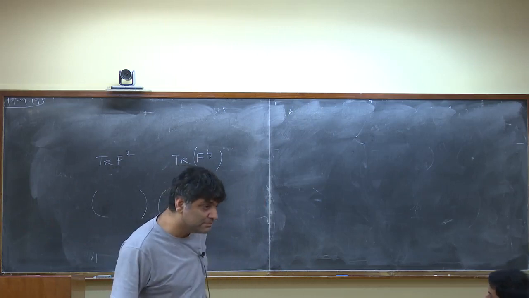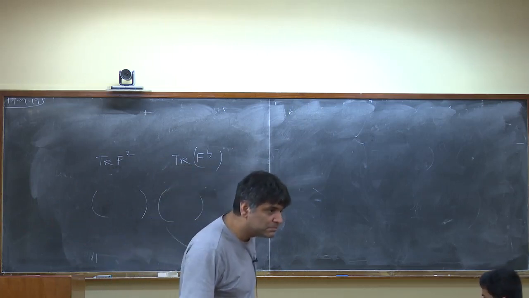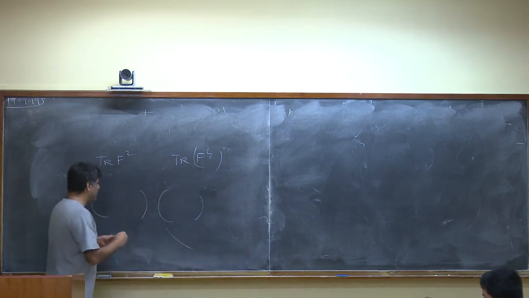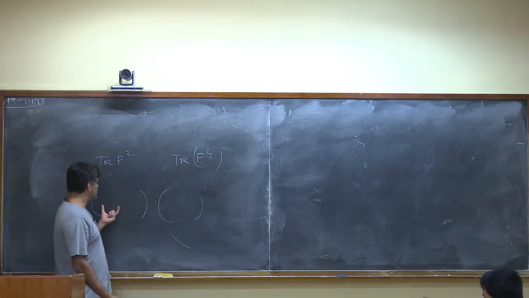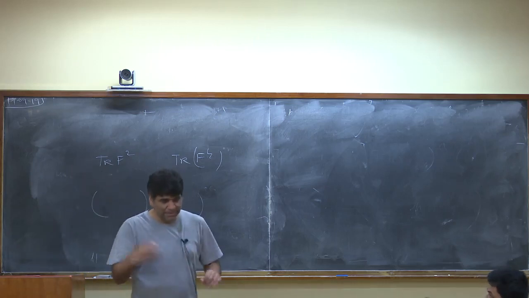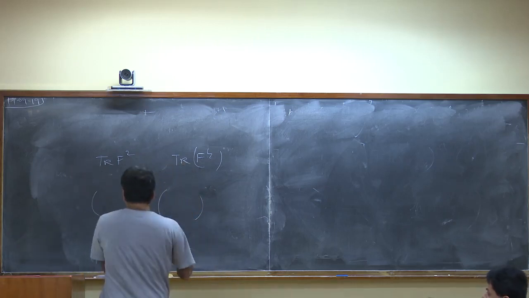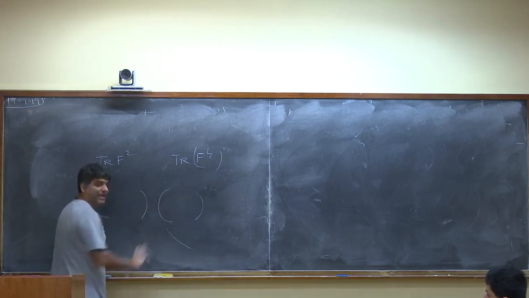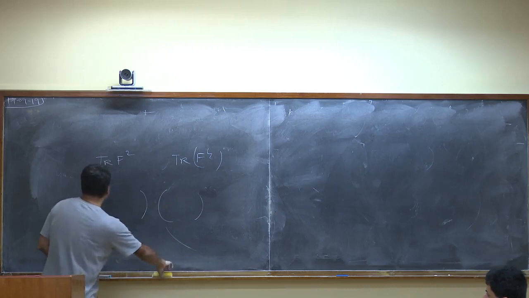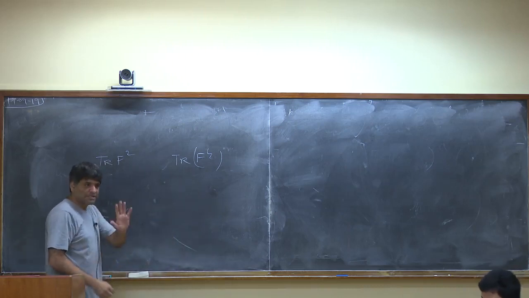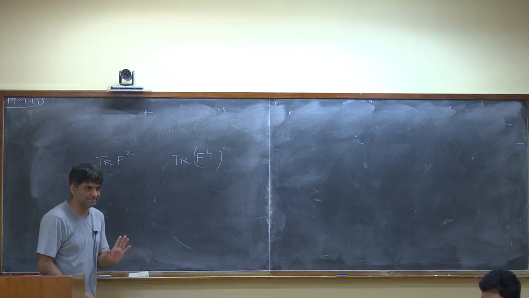Yeah, but still 1 plus 3 plus 5 whole square, right? No, you're right, it's 1 plus 3 plus 5. It's true that if you write it in some way, it looks like a whole square. But the factors have different powers of, let's say, s, t and u between them. Suppose you write them in terms of polarizations.